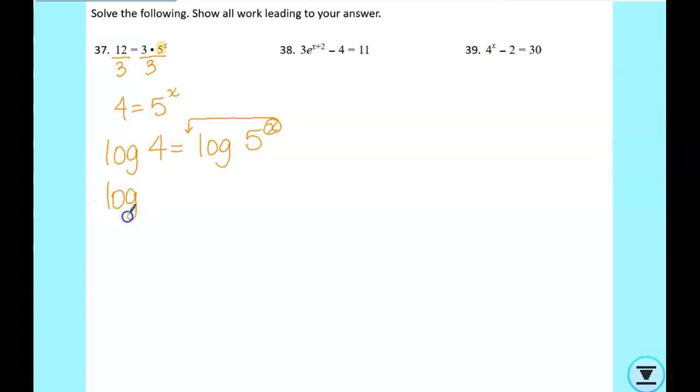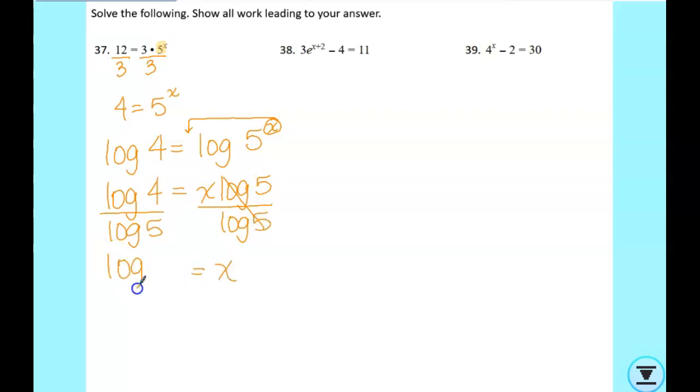So this is log of 4 is equal to x times log of 5. To get the x by itself, we're going to divide by log of 5 on both sides. And that tells us that x is equal to log of 4 over log of 5.